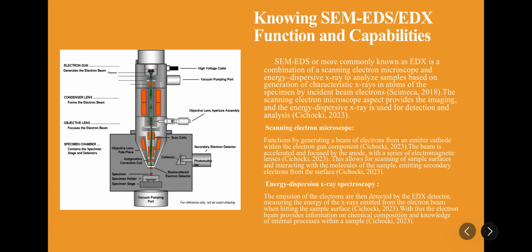Energy dispersive X-ray spectroscopy: the emission is then detected by the EDX detector, measuring the energy of the X-rays emitted from the electron beam when hitting the sample surface. With this, the electron beam provides information on chemical composition and knowledge of internal processes within a sample.